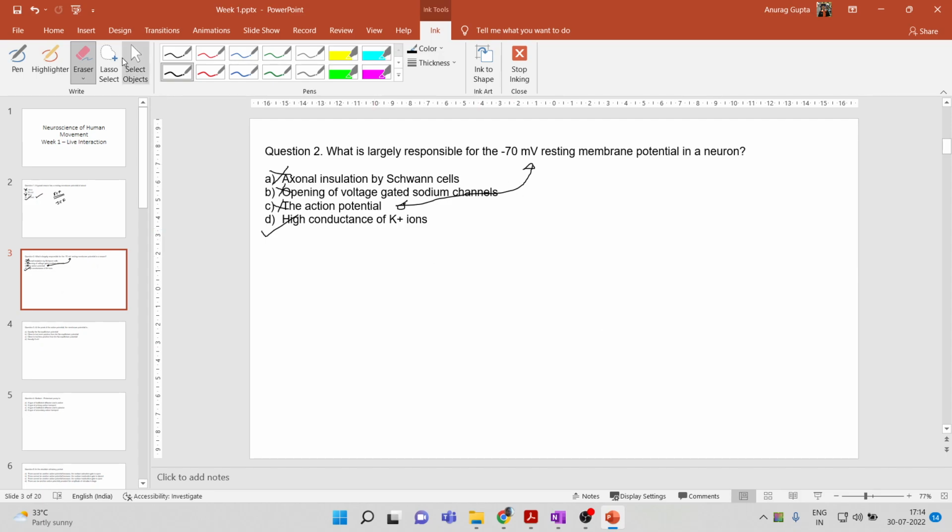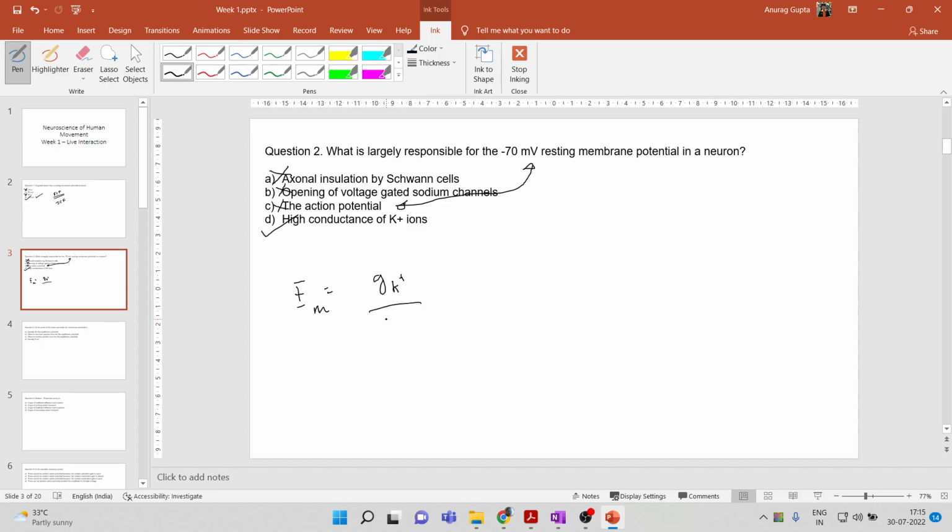So there's something called the chord conductance equation, which you would have gone through, which is used to calculate the value of the resting membrane potential. So this is the chord conductance equation.